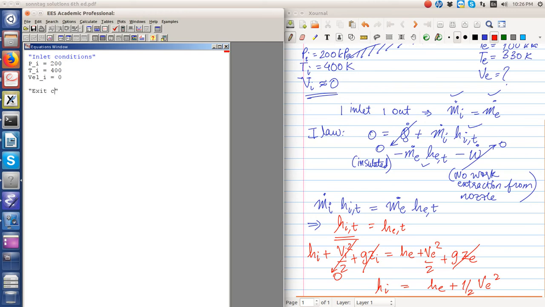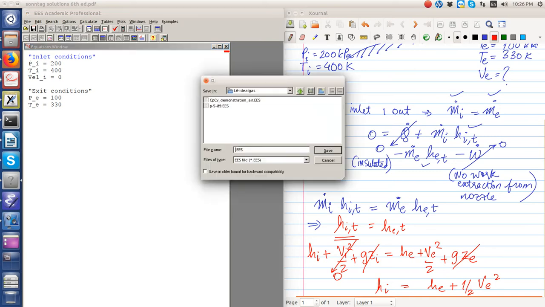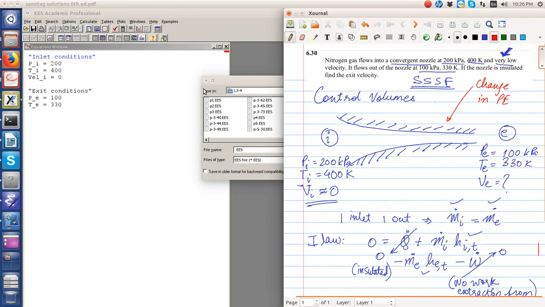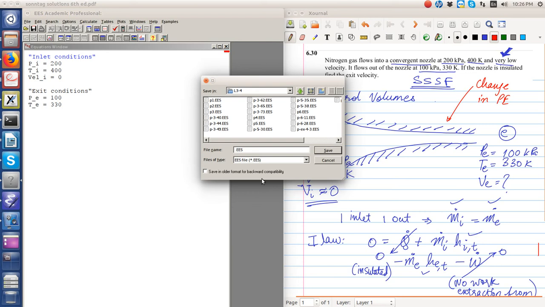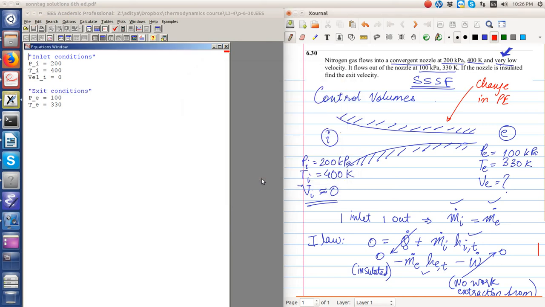The exit conditions are Pe equal to 100 kilopascal, Te equal to 330 Kelvin, and we have to find out the exit velocity. Let me save this in the appropriate chapter, this is problem 6.30.